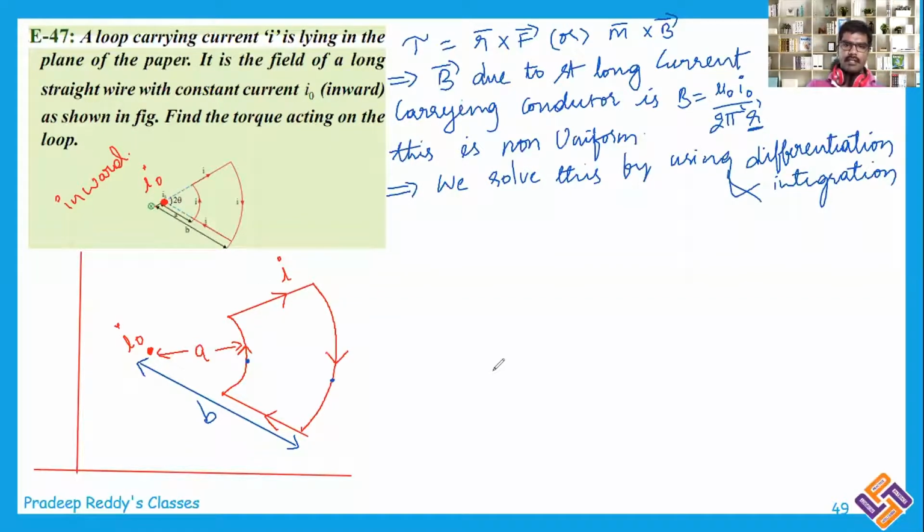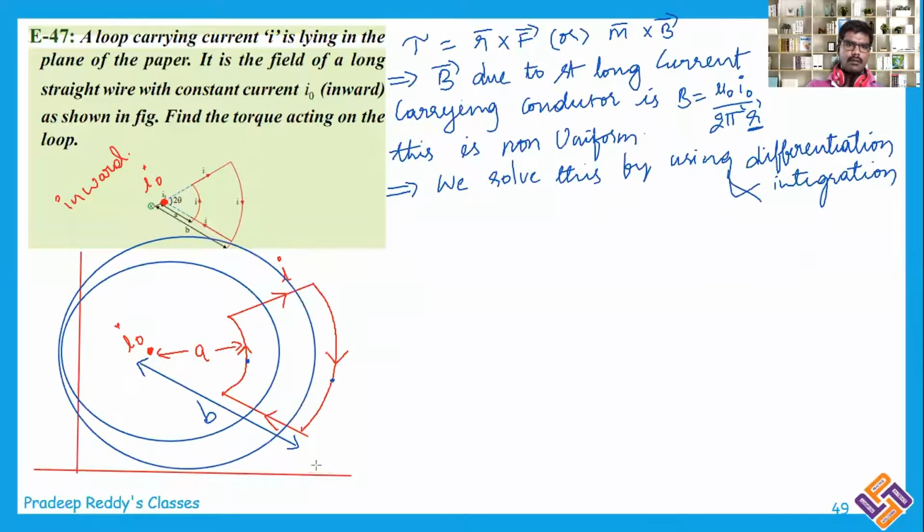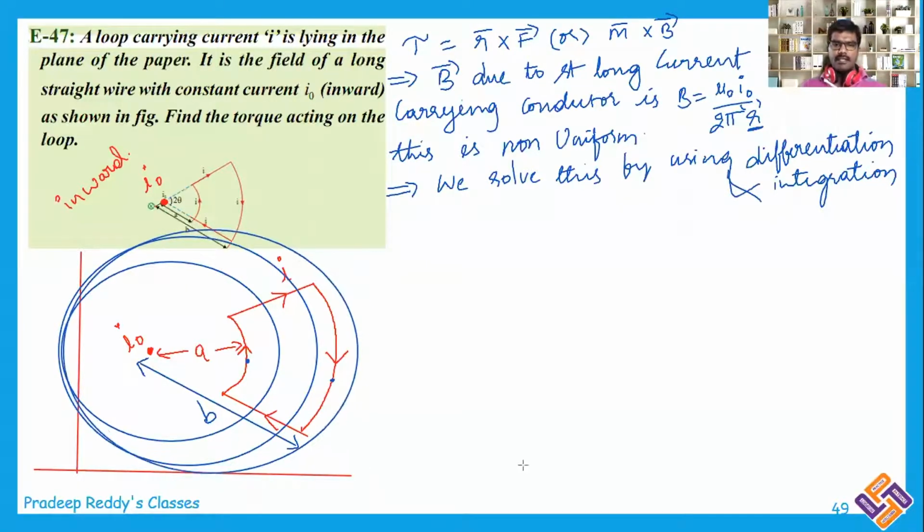This is the straight current carrying conductor. Because of that current carrying conductor, the magnetic field is in this direction, which I have represented with blue color arrow marks.